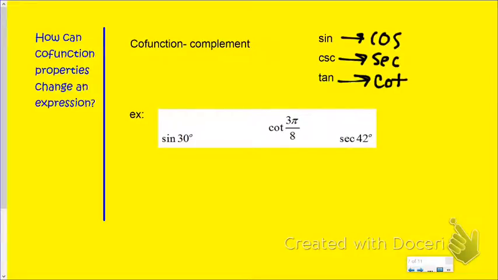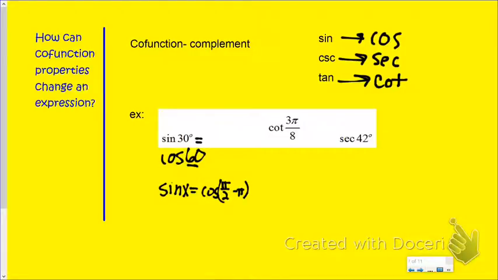Now what it means by cofunction is, again, they are equivalent when their angles are complementary. So for example, the sine of 30 degrees is going to equal the cosine of an angle that will make those add up to 90. And we know that that's going to be 60. Now if you look on your formula chart, cofunction properties, it would be listed as sine x is equal to cosine pi over 2 minus x.